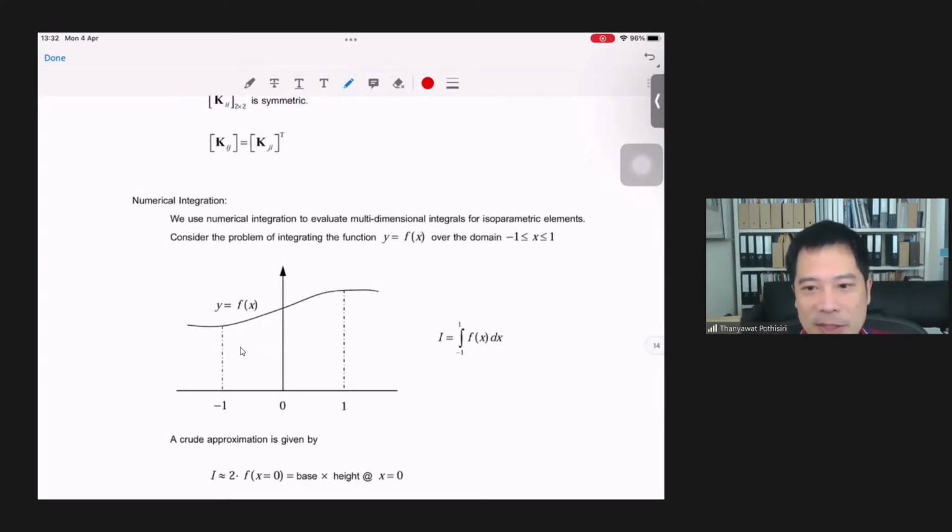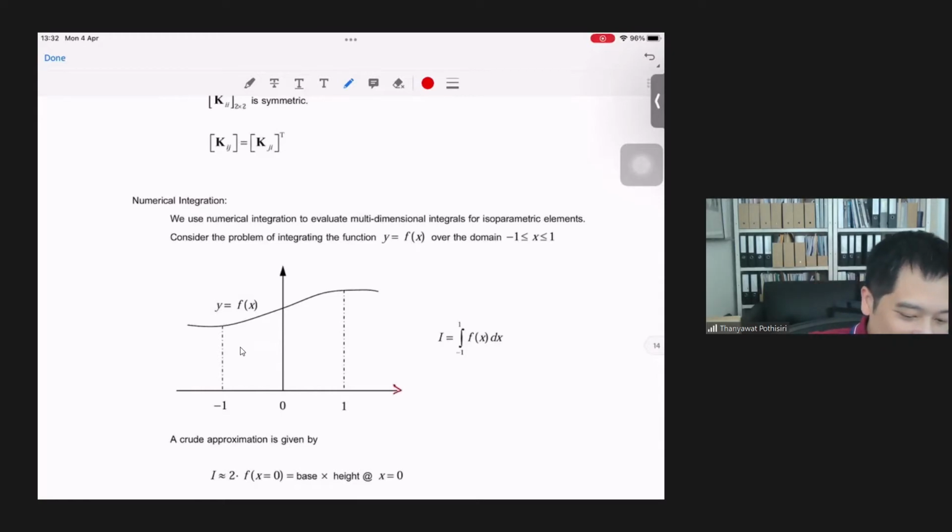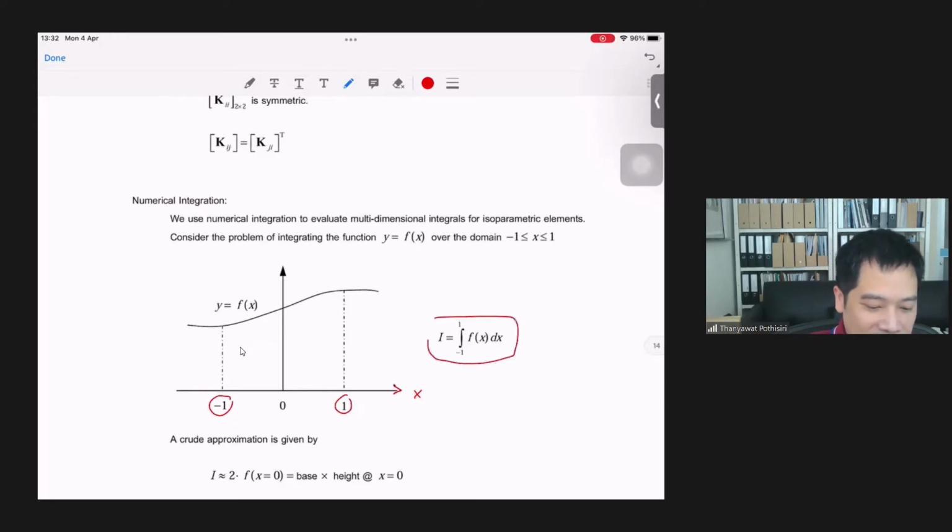Okay, so we'll start by looking at one-dimensional case as usual. When you compute an integral in one dimension, for example, if you have a domain of x from -1 to 1 like this, when you're computing this integral right here of a certain function f(x), what you are basically dealing with is trying to compute the area under this curve, right?